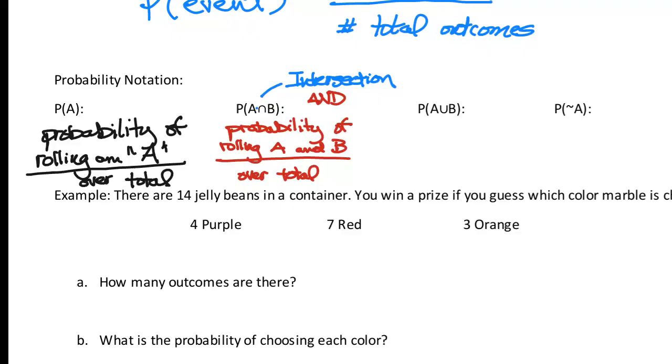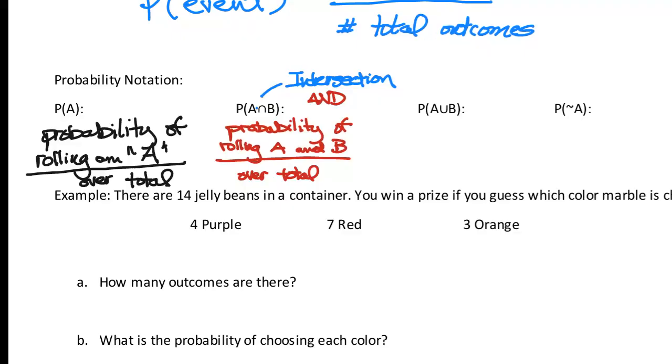Okay? And the probability of rolling, I shouldn't say rolling, maybe getting an A and a B over total, but I'm going to leave it as rolling for now. All right? So that upside down U means and.